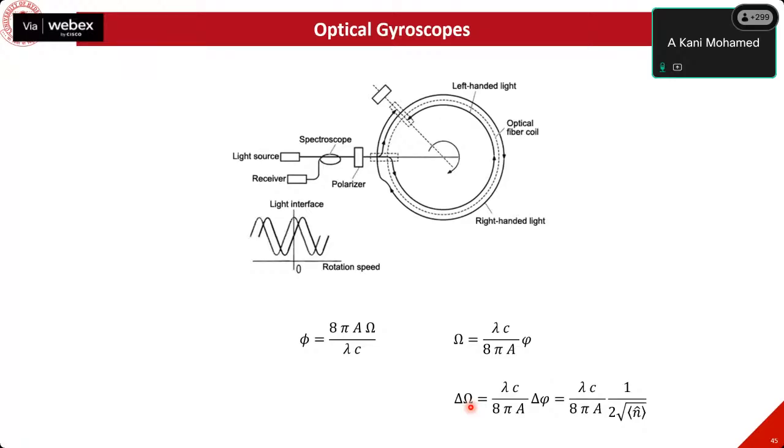In a normal lab setup itself, we can have something like 10 to the power minus 10 radian per square root of meters. This can be easily achieved when we use this interferometric technique to measure the rotational speed of the instrument. So this is all about the optical interference technique that can be used for quantum sensing.